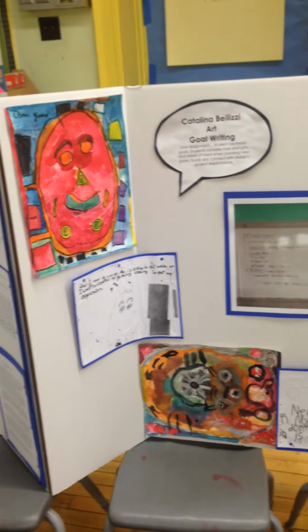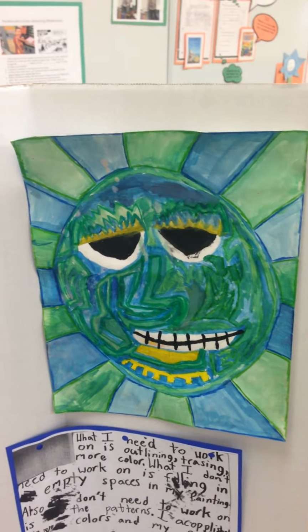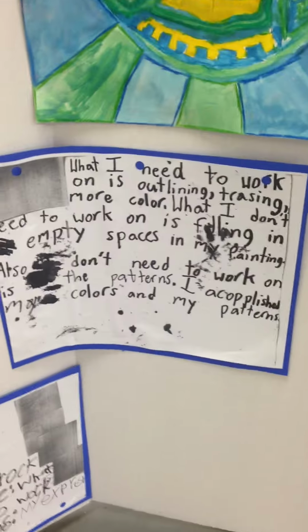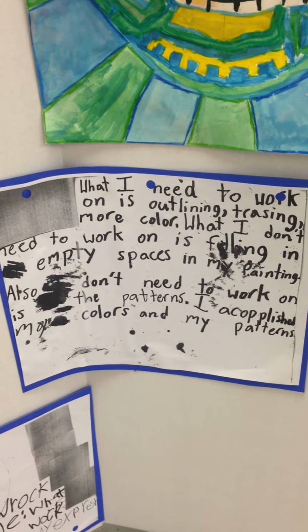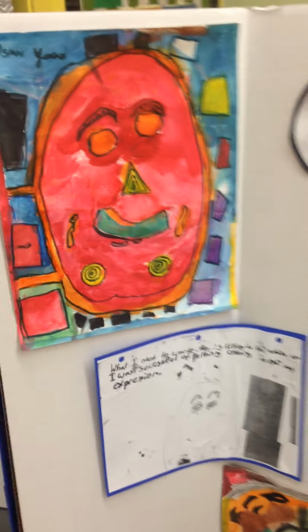And then the very last thing I want to show you for open-ended is this awesome art project where the art teacher not only had students work on art, but before they started their project, they needed to create goals. And how they created these goals were they looked at their old art and they had to self-assess, what am I good at?